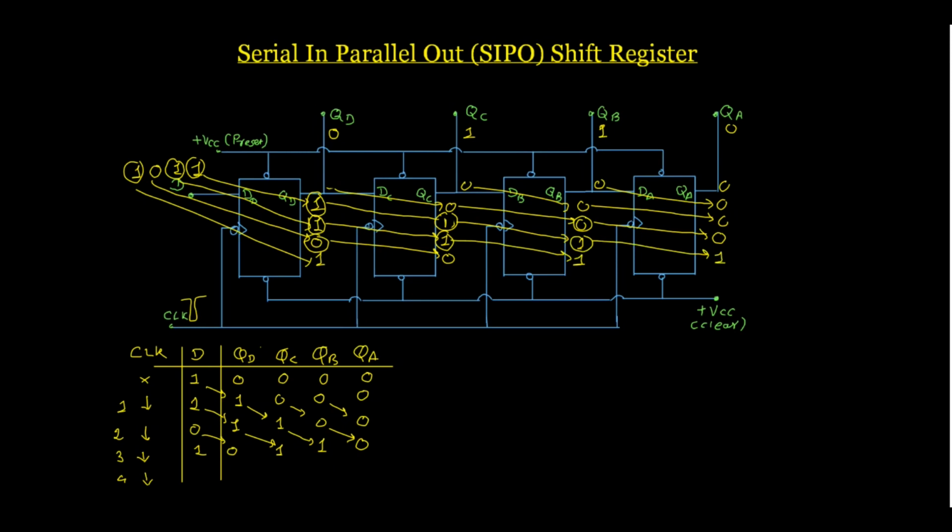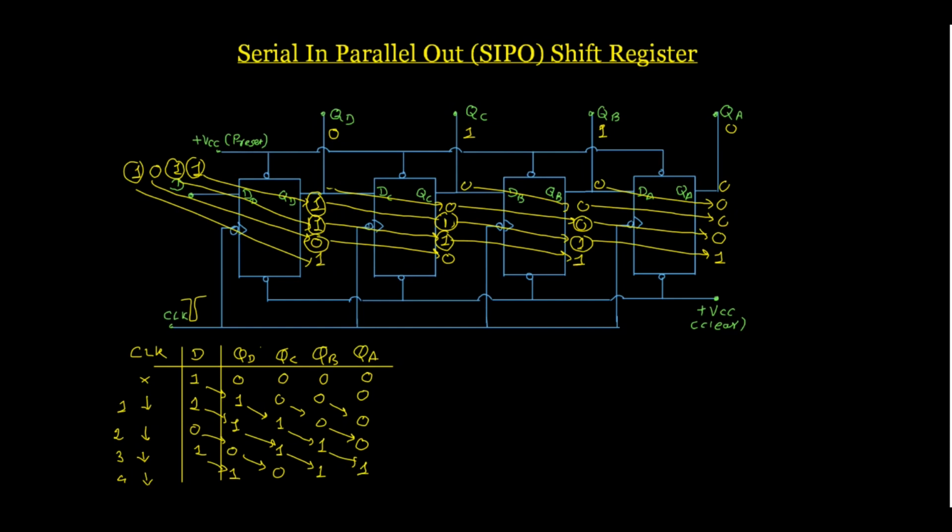So in the truth table, the MSB, the last bit of your data, is now transferred to QD, that is 1, and this 0 transferred to QC. This QC is transferred to QB as 1, and QA is going to be 1.